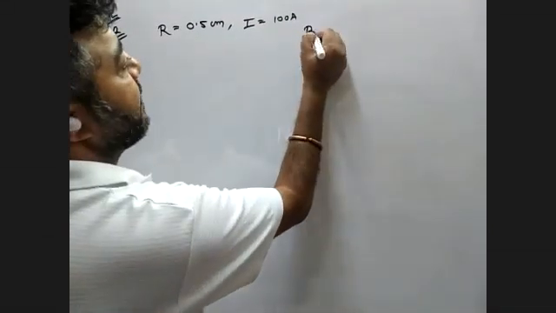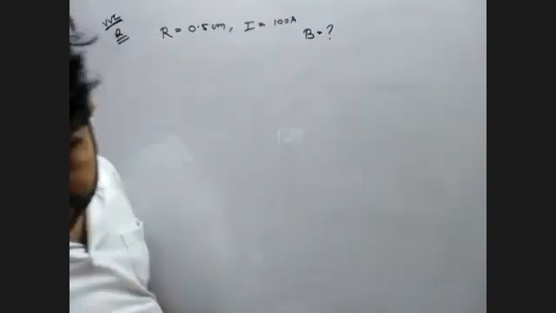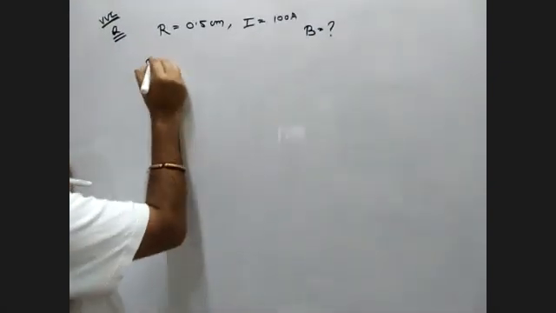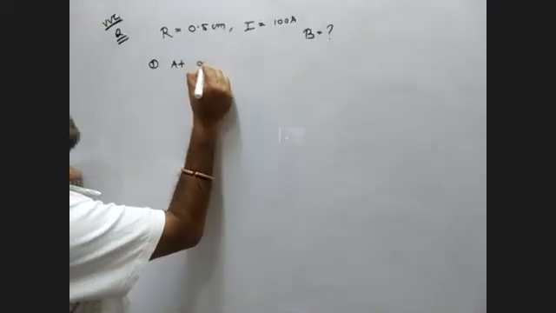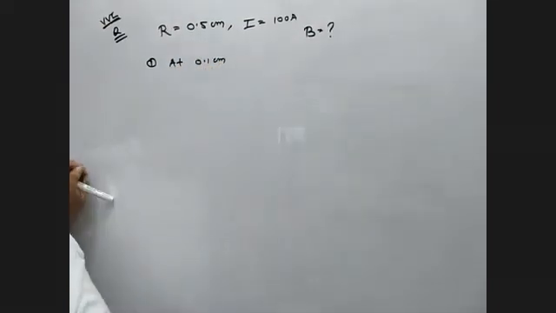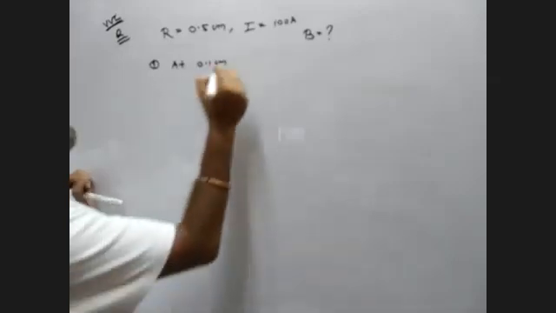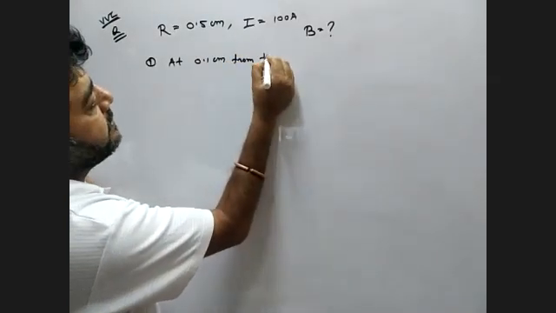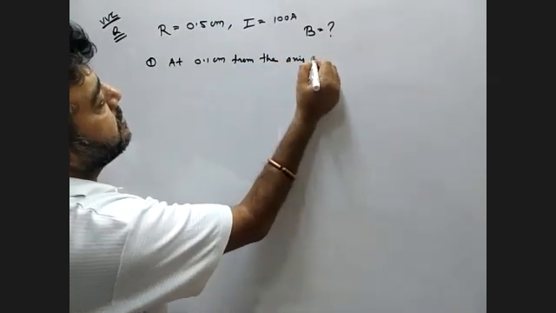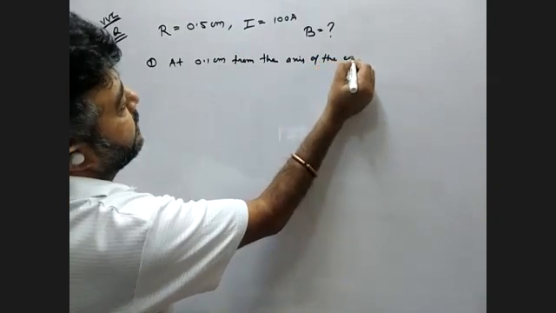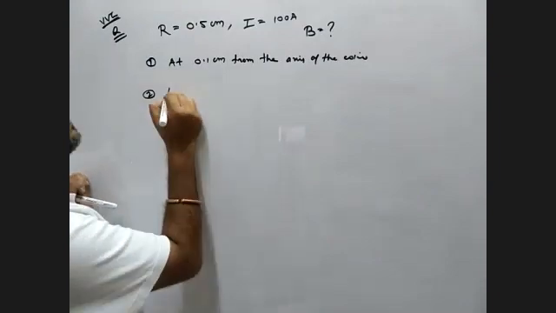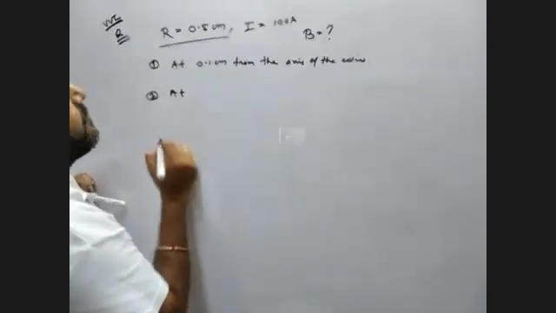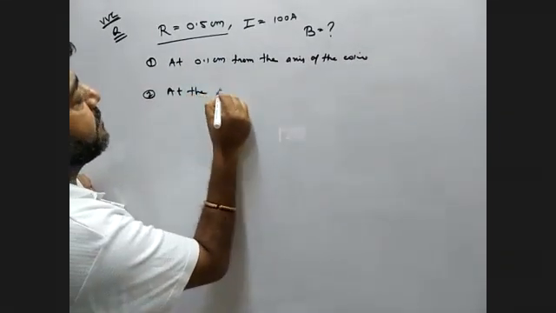Find the magnetic field. What do we have to find out? We have to find out the magnetic field. Number one, at 0.1 centimeter from the axis of the wire. Number two, at the surface. Radius is 0.5 centimeter, at the surface.